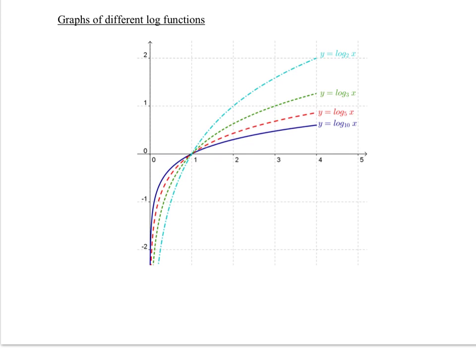You'll notice that they all go through this point here, the point (1, 0). That's because if you ask yourself, for example, what's log base 10 of 1, you have to ask 10 to the power of what gives me 1. And it's always 10 to the power of 0, or 5 to the power of 0 gives me 1.